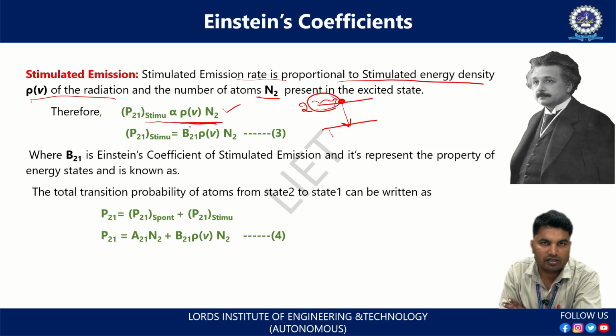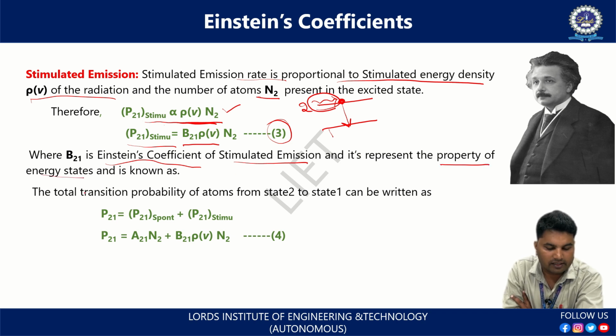Further, this equation can be written as P21 stimulated emission equals B21 rho of nu N2, with a reference as equation 3. Here, B21 is the Einstein coefficient of stimulated emission and it represents the property of energy state.